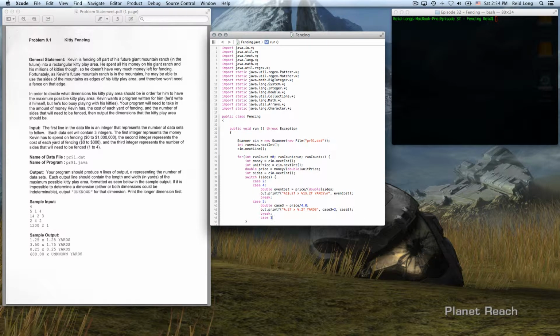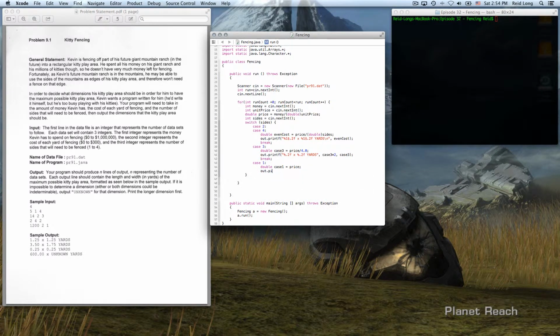Then you have case 1, which you're going to just solve with double case 1. Actually, you don't have to do any double case 1 here. I'm just doing it to make it consistent all the way down my application. So in case I do have a mistake, it's easy to debug and I can have variables for the things I'm trying to fix. That's one thing I've picked up as I've continued to do a lot of coding: using lots of variables, even when you're just setting them equal to each other, is good because it makes it clear in your code, and you can debug it, and you can have your peers debug it for you and help you whenever you make a mistake.